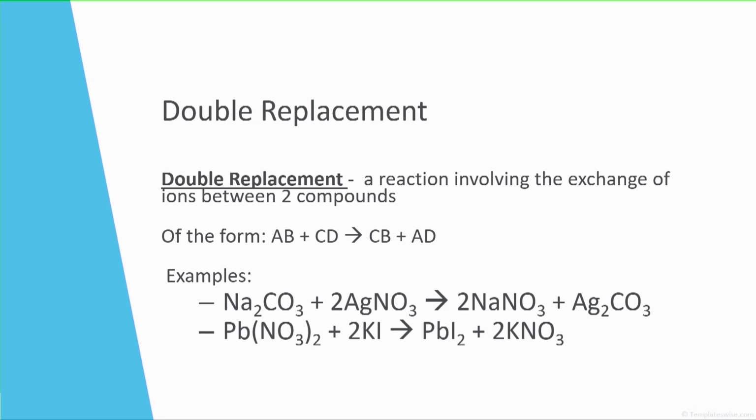We have the one that Ms. Legrone showed you last week, which was the 2 clear liquids that she came together and got a bright yellow liquid. That would have been the lead iodide. All right, so lead 2 nitrate plus the potassium iodide is going to yield lead 2 iodide plus potassium nitrate. All right, and you can see compounds, compounds, compounds, compounds.